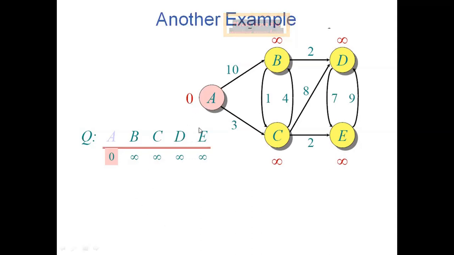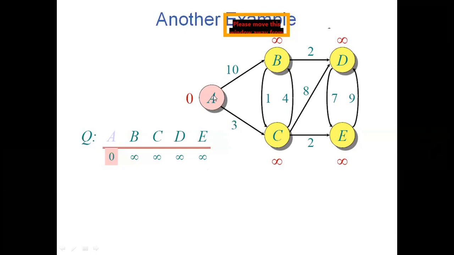Now see another example. This one, we have A to B 10, B to D 2, A to C 3, B to C 1. So like this, suppose, now check this one.